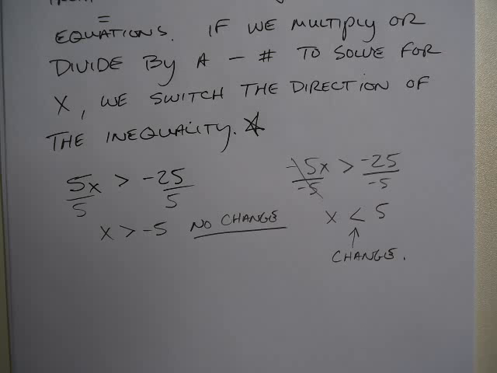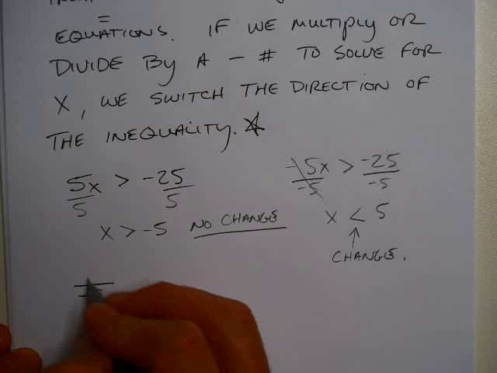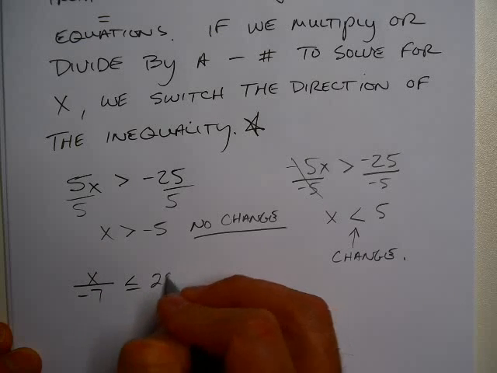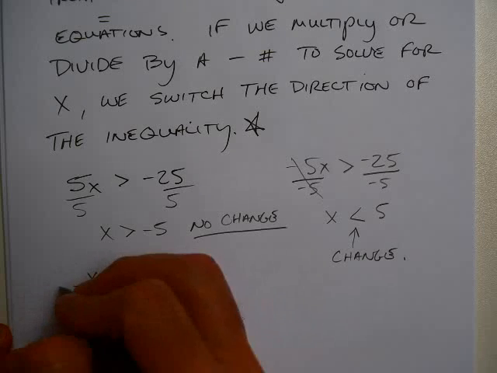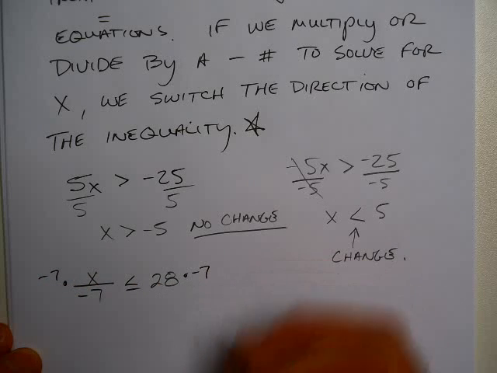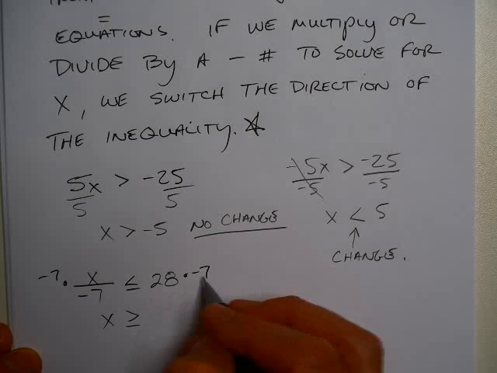The direction changes only when you multiply or divide by a negative. Otherwise, everything else is the same. In a problem like this, I've got to multiply by negative 7 to solve, so I change the direction of the inequality.